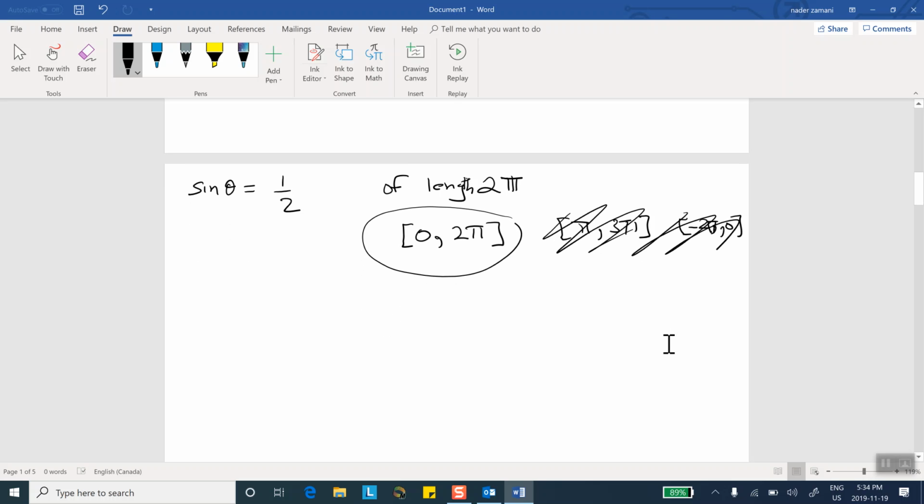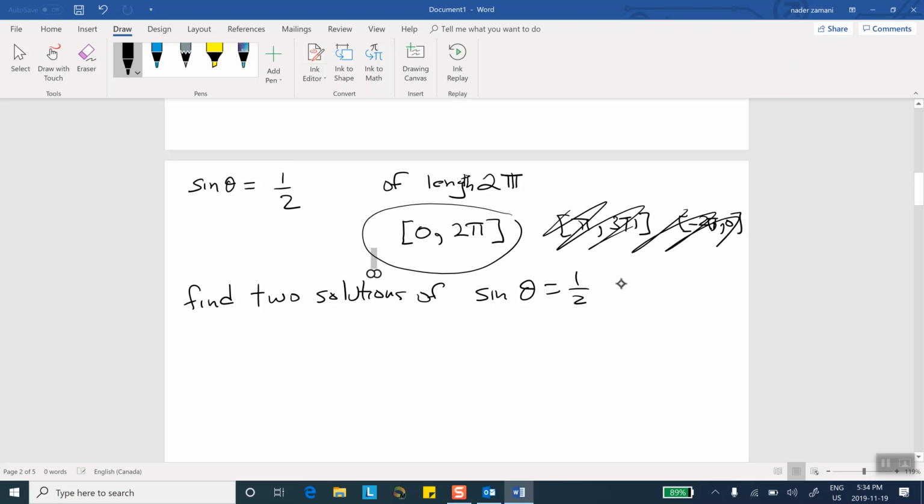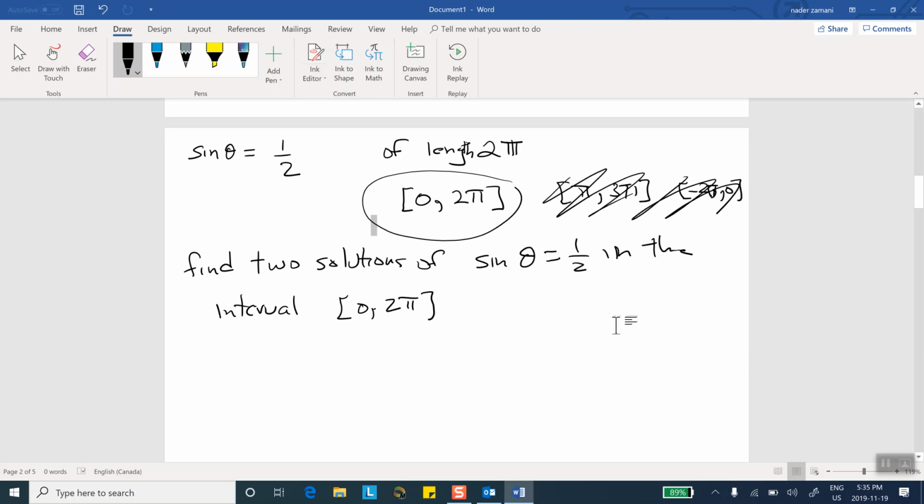Okay, so find two solutions of sine theta equal to 1/2 in the interval that you concentrated on, and you decided that it was 0 to 2 pi. It could have been any of those other things that I wrote down, but you decided on this, which is fine.